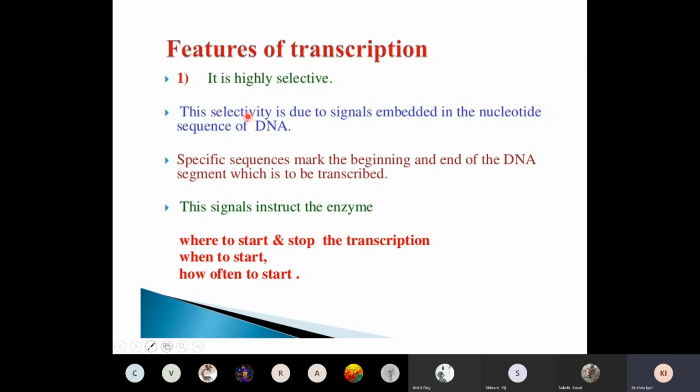So that is also a level of selectivity. Not only are there specific sequences that mark the beginning and the end of the segment, which is one aspect of selectivity. The other aspect is that different organs, different cells and different tissues might use different levels of information which is present in the DNA.